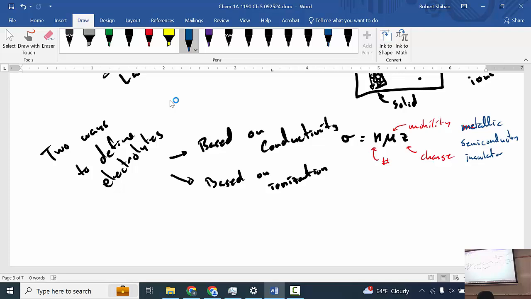So what else is a weak electrolyte? Weak base. And so I have some weak base here. The weak base that we're going to test is ammonia.